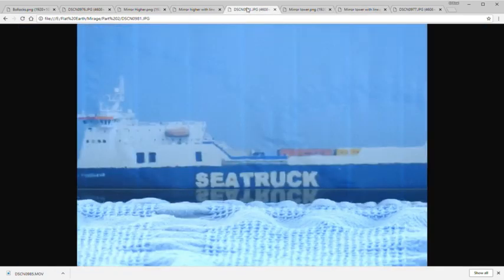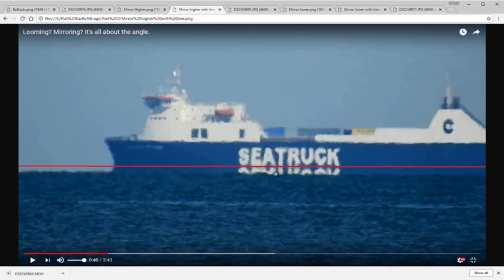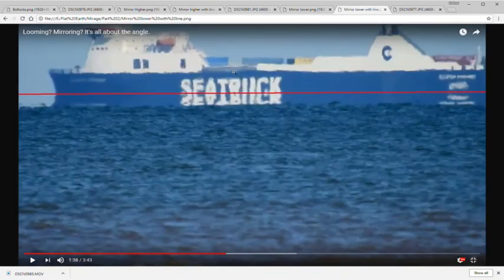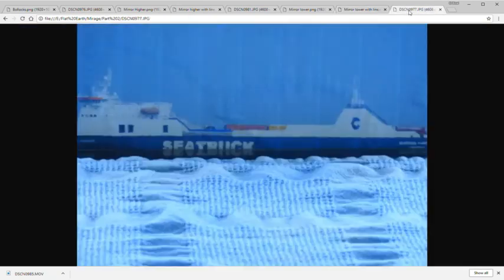So in these sections, see the horizon line is under the S, and in this one the horizon line has gone up, and I've simulated that in my simulator by moving the mirror layer up.